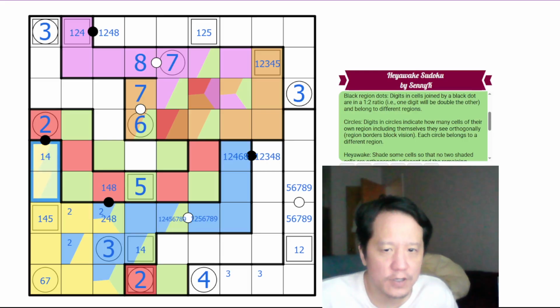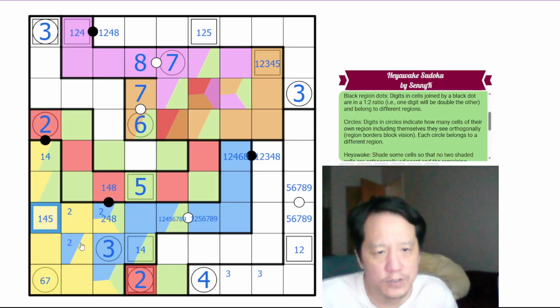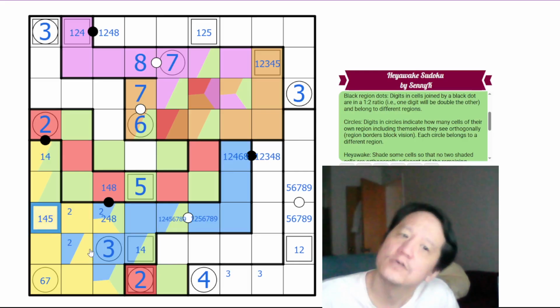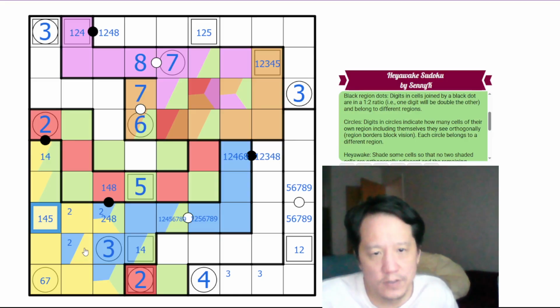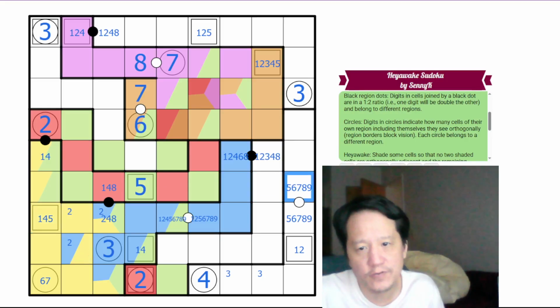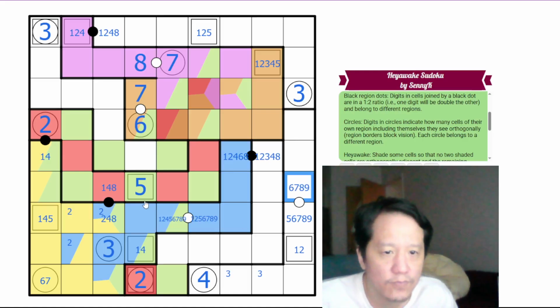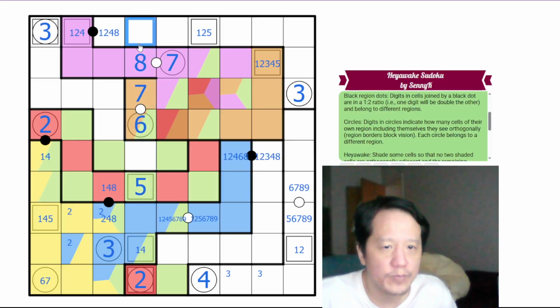This must orthogonally connect to the unshaded cells. So then this could not be 5. Obviously. 5 eliminates 5 here. Remaining, this can't be 3.